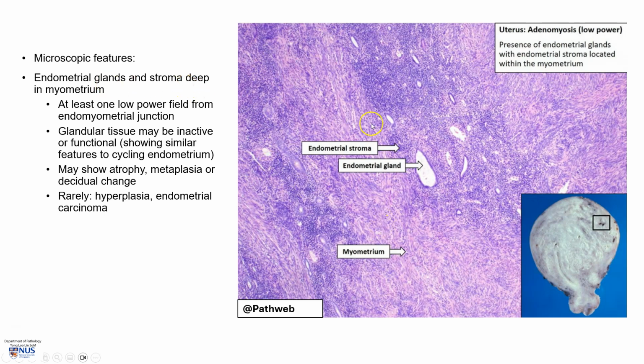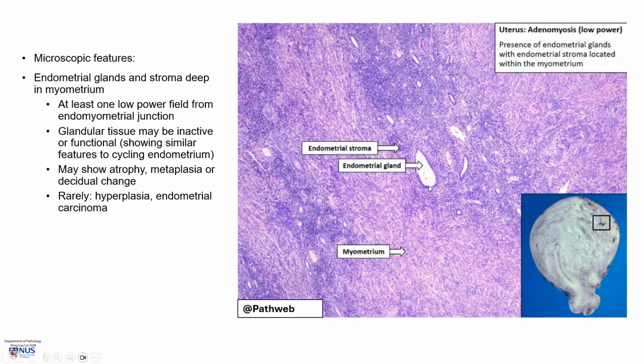On microscopy, we will see benign endometrial glands and endometrial stroma within the myometrium, and this really should be far away from the endomyometrial junction, so it should be at least one low power field deep to the endomyometrial junction. The endometrial glandular tissue may be inactive or it may be functional and show similar features to the cycling endometrium.